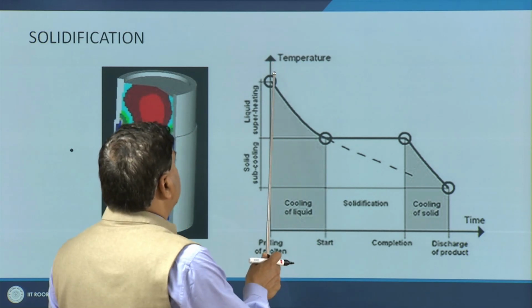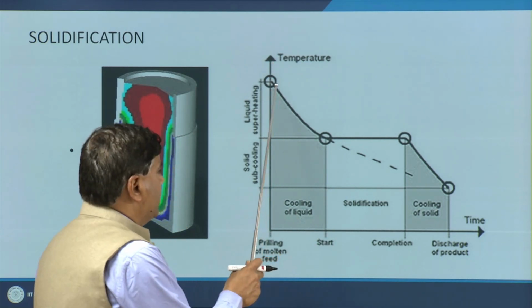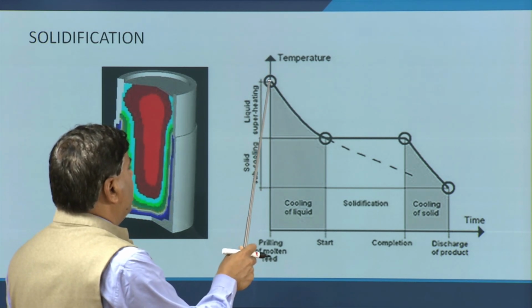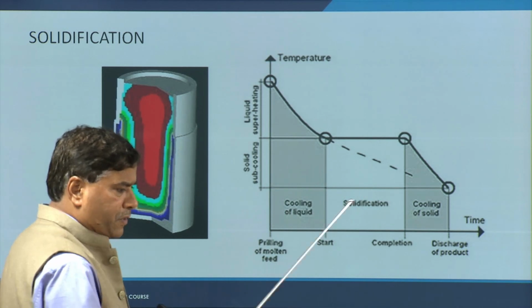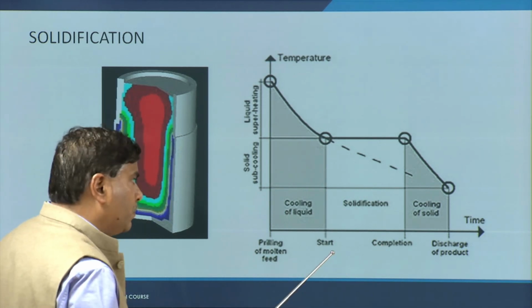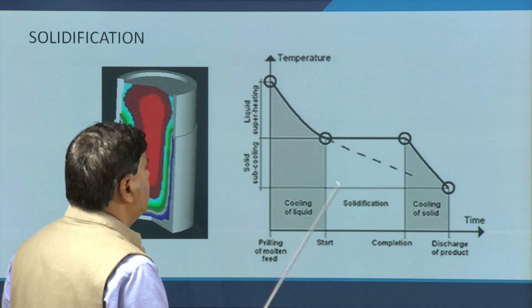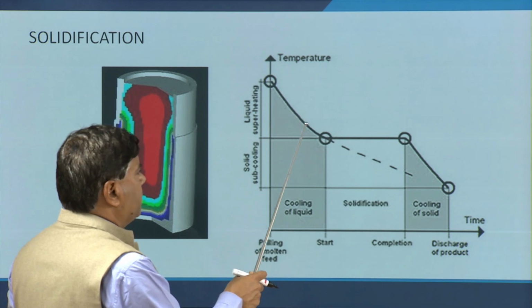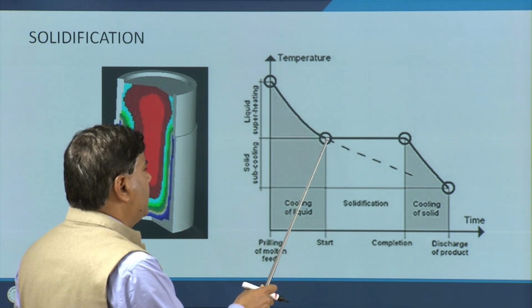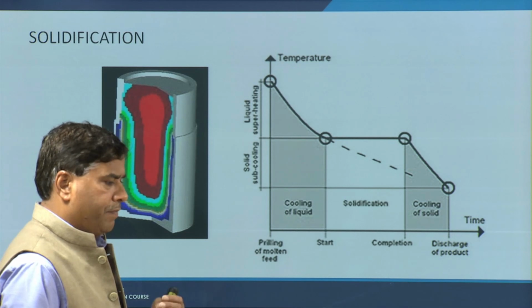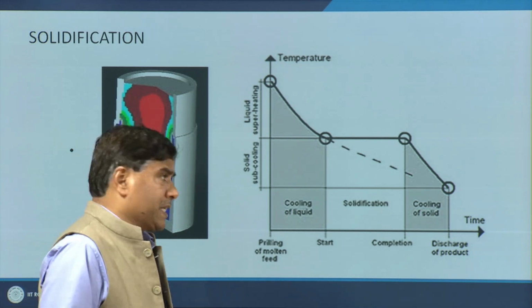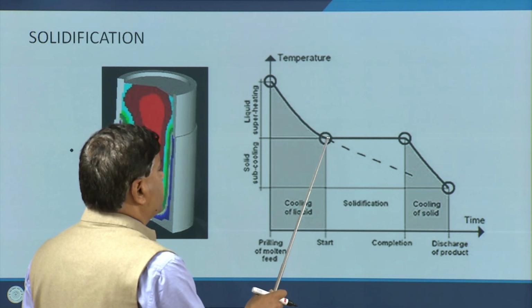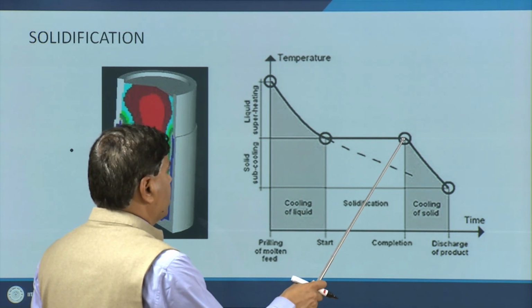Here we can see the temperature of the molten metal which is poured into the mold cavity, and then due to the extraction of heat through the mold walls, the temperature of the molten metal gradually decreases until it reaches the solidification start temperature.